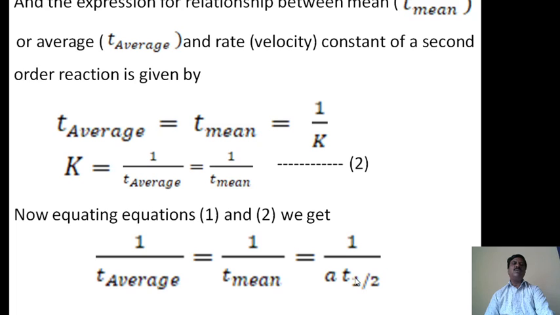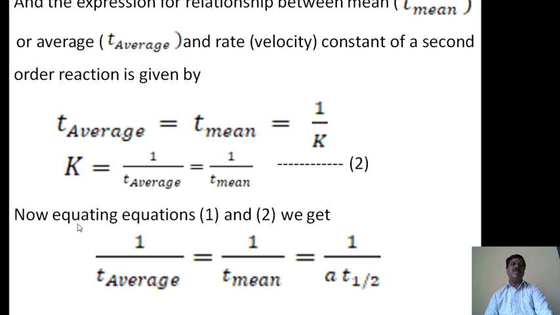Also, we know the relationship between t mean, that is, mean life period or average life period, and the rate constant: t average, equal to t mean, is equal to 1/k. Therefore, k = 1/t average = 1/t mean. This is called equation number 2.